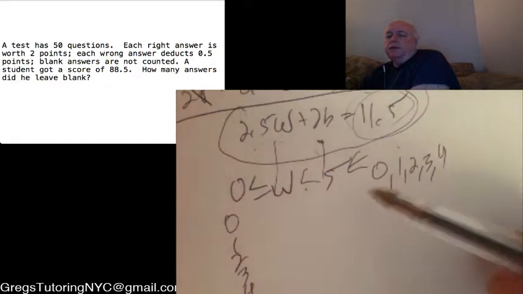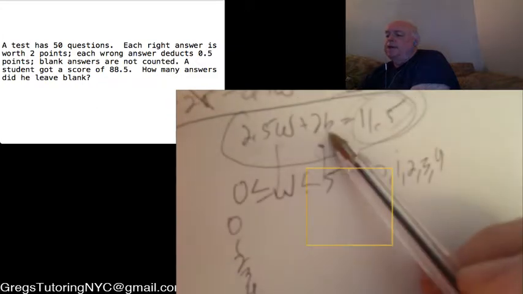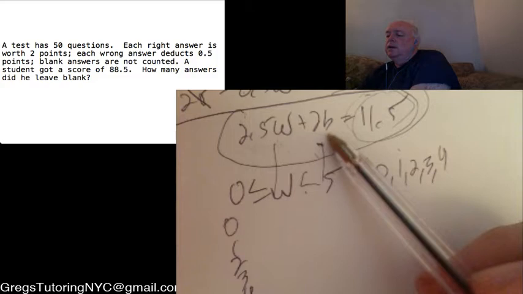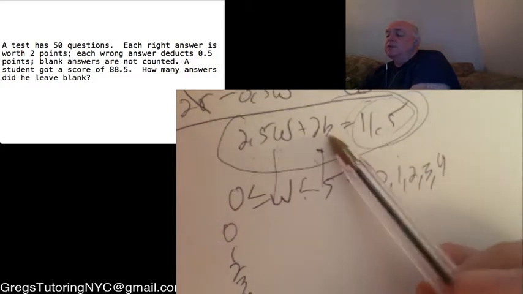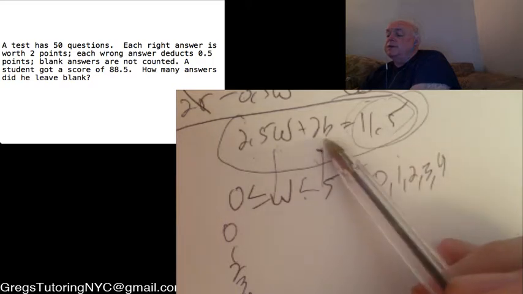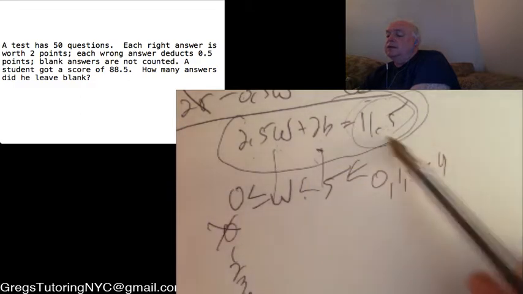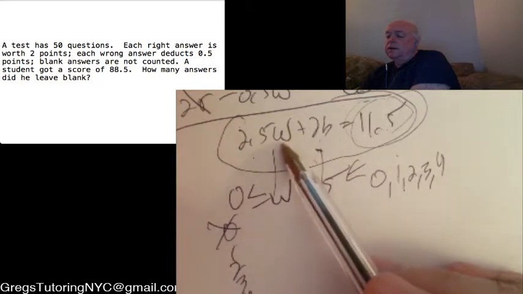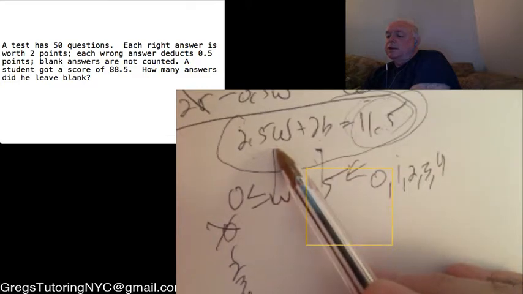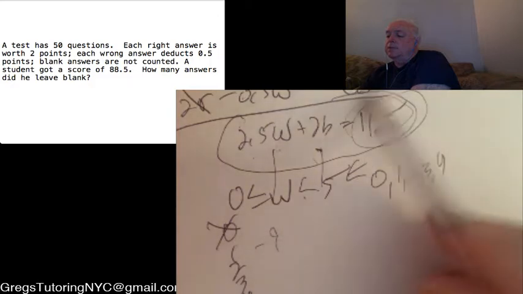So if W is 0, meaning there are no wrongs and everything has to be blanks, there would be about 5 blanks. Well, the problem is there's a half here. If there's 5 B's, we get 10, and if there's 6 B's, we get 12. So 0 can't work, just because of that 1.5 sticking around. Okay, so if W is 1, we get 2.5 from here, and 9 would be left over.